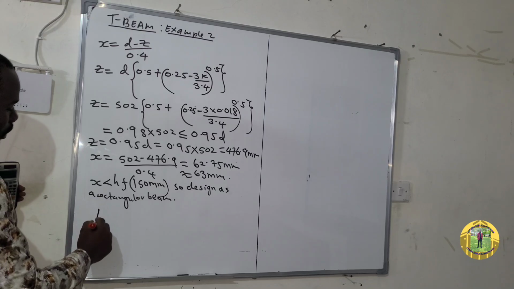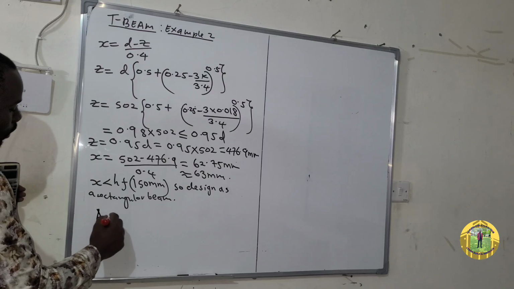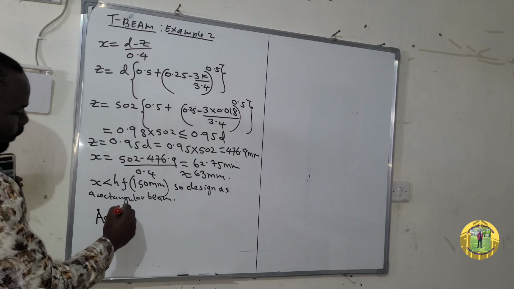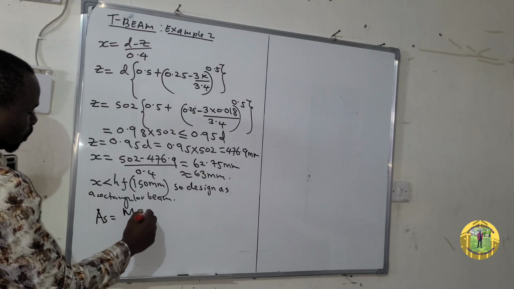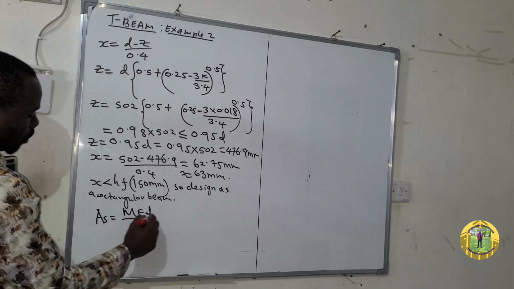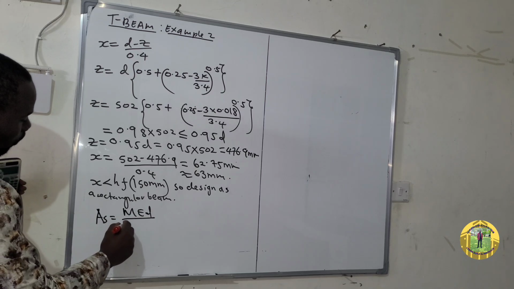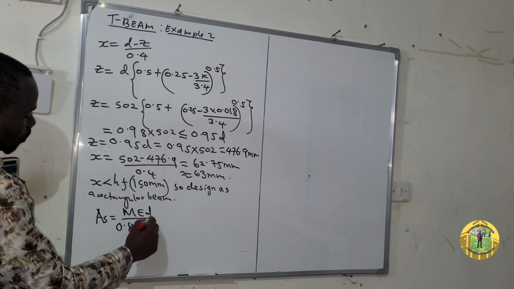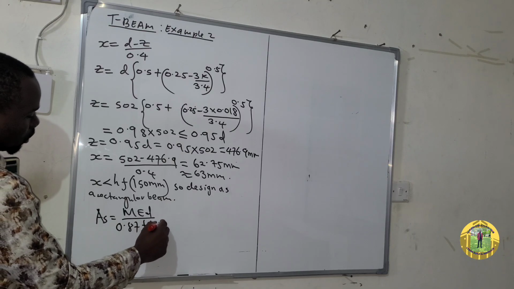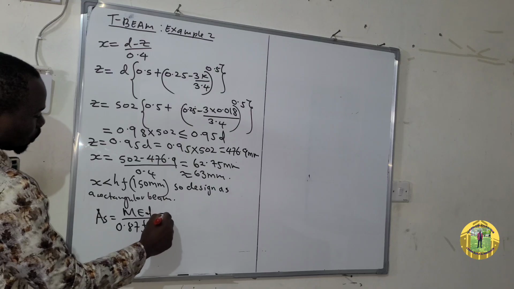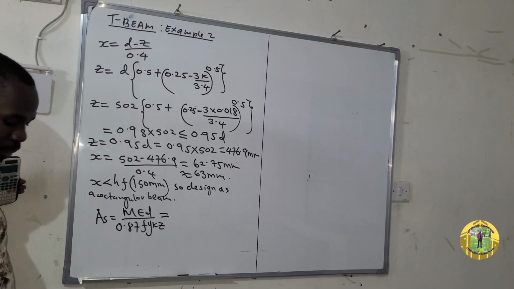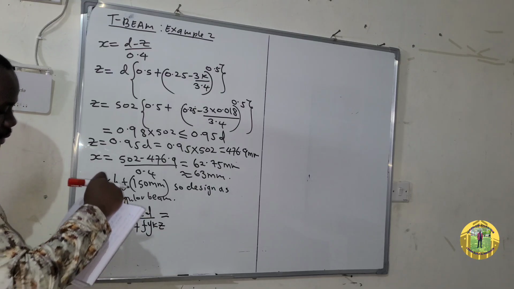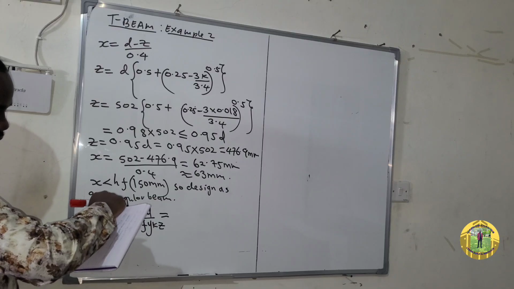So A of steel is equal to MED all over 0.87 FYK Z. Let me check for MED.